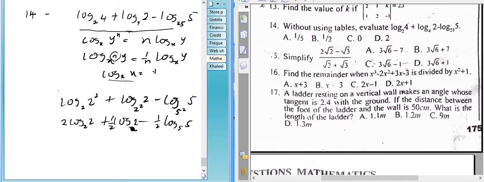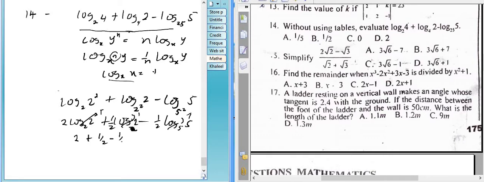So this one becomes 1, then 1 times 2 is 2, then plus half, because log base 2 of 2 is 1 and 1 times half is half, then minus 1 over 2, since log base 5 of 5 gives you 1.